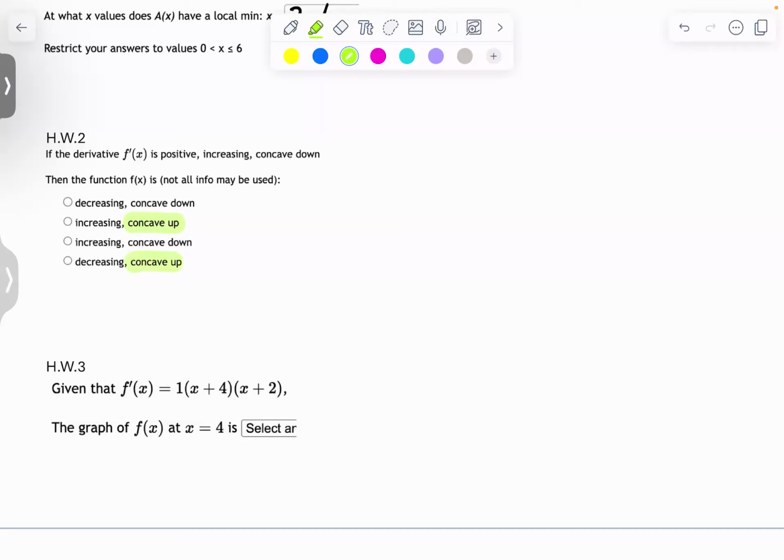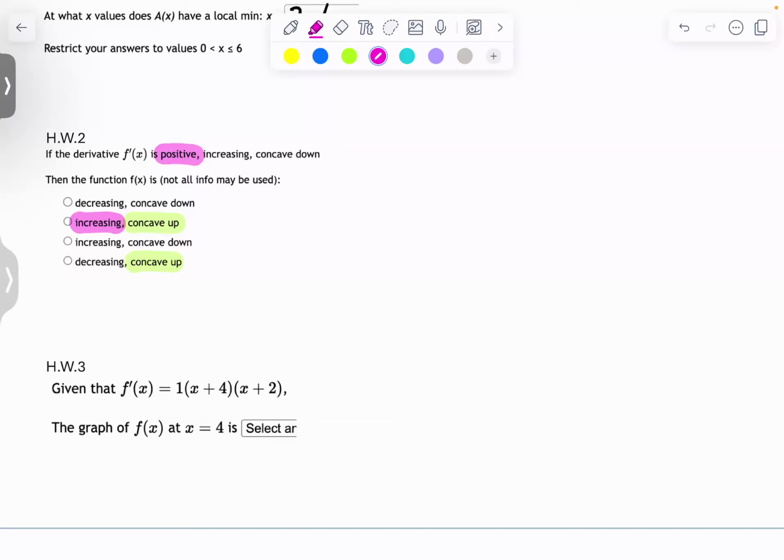However, because f prime of x is positive, that means that f of x is increasing. So our answer is increasing and concave up in this case.